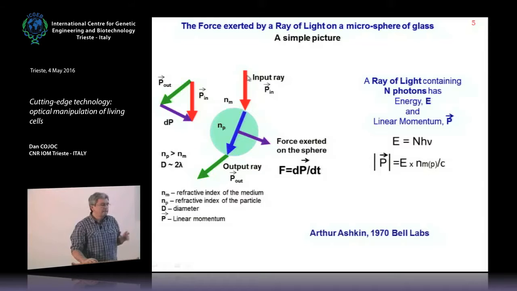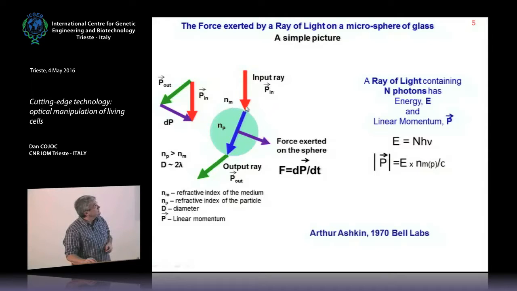No? So a ray of light, we know that light contains photons, and photons are characterized by energy. But we have also linear momentum associated to the photons. And as a consequence, if we have a ray of light, we have a number of photons there, and this ray of light interacts with a bead, with a sphere which has a refractive index higher than the refractive index of the medium in which it is inserted.